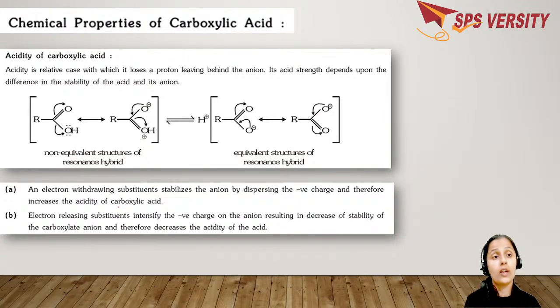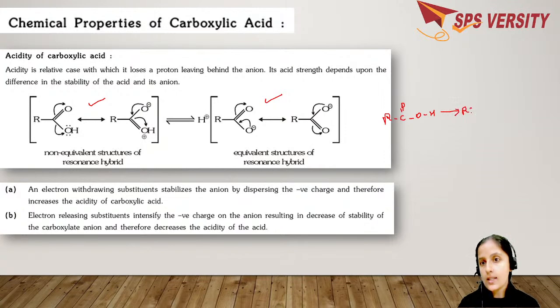In this particular reaction, we speak about the acidity of the carboxylic acid. Whenever you say acidity, if you write the compound like this, RC(=O)OH, you see here the non-equivalent structures and these are the equivalent structures. The carboxylic acid will dissociate into RCOO minus and H plus.